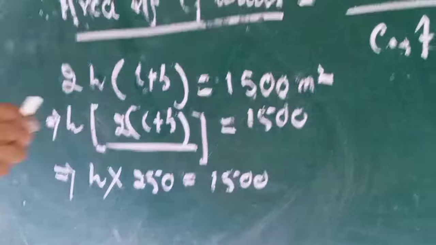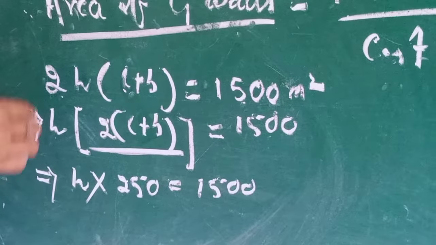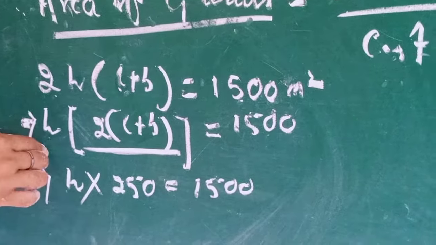So now 2H(L plus B), I can write H bahar leke bracket ke andar, H into 2(L plus B) is equal to 1500. Same thing, but I have taken H outside and given bracket. Why? Because 2(L plus B) we already know is 250. So I will use directly the formula: H into 2(L plus B), which means perimeter. In place of perimeter you write 250, is equal to 1500.